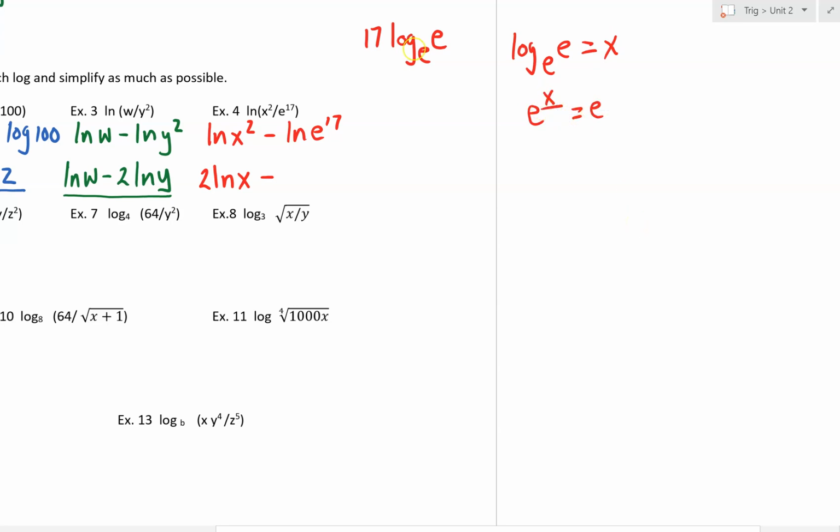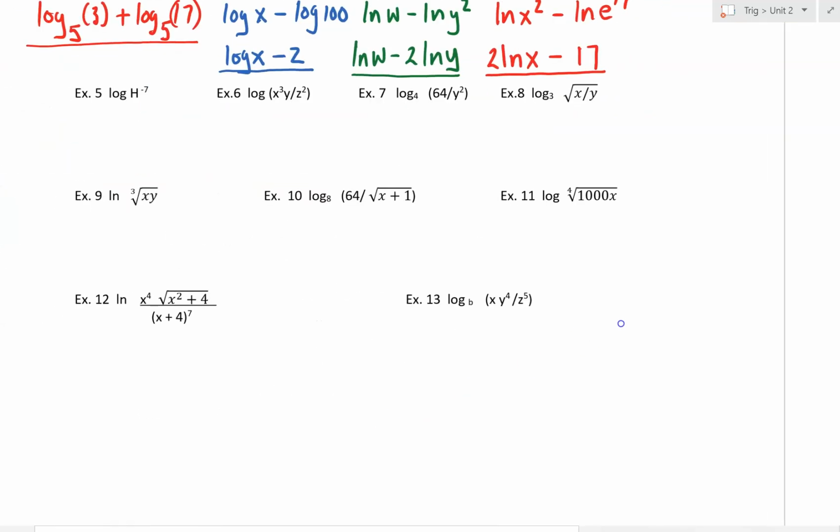Well, that answer would have to be 1, which means 17 times 1, which means 17. So this would be the simplified answer to that particular problem. As we go further, what you're going to see is natural log and e's are opposites of each other. They cancel out. So if I just drew a line through that, our answer would be 17. But this is really why it's 17.